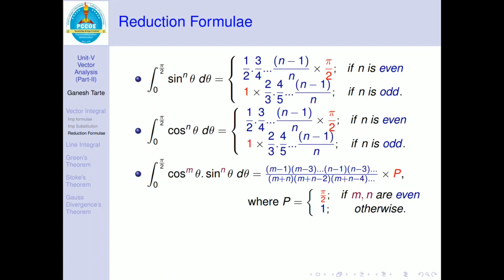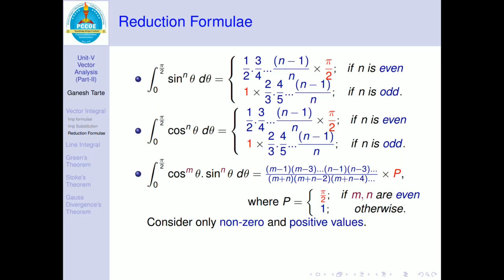So m minus 1, m minus 3, and so on, n minus 1, n minus 3, and so on, divided by the sum of powers minus even numbers, so m plus n minus 2, m plus n minus 4, and so on, into p, where p is pi by 2 if both powers are even, otherwise its value is 1. And we consider these brackets only as positive or non-zero brackets.